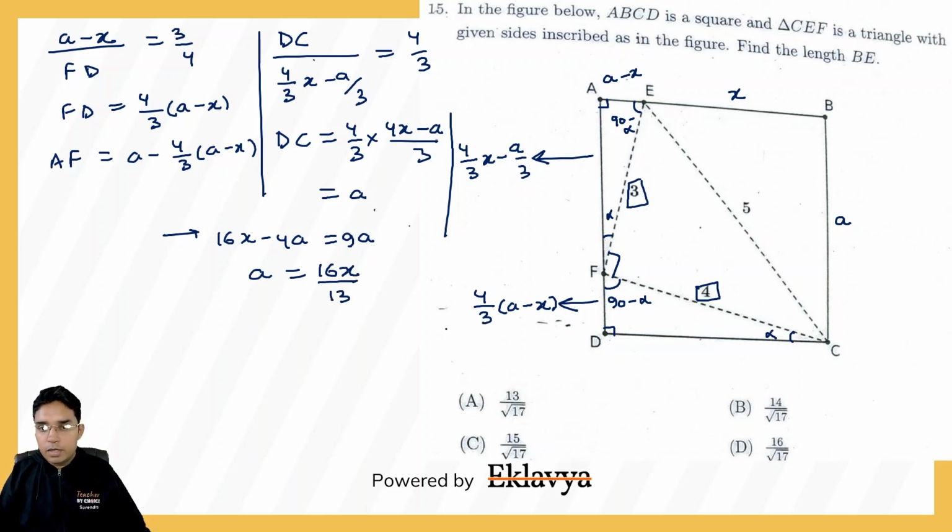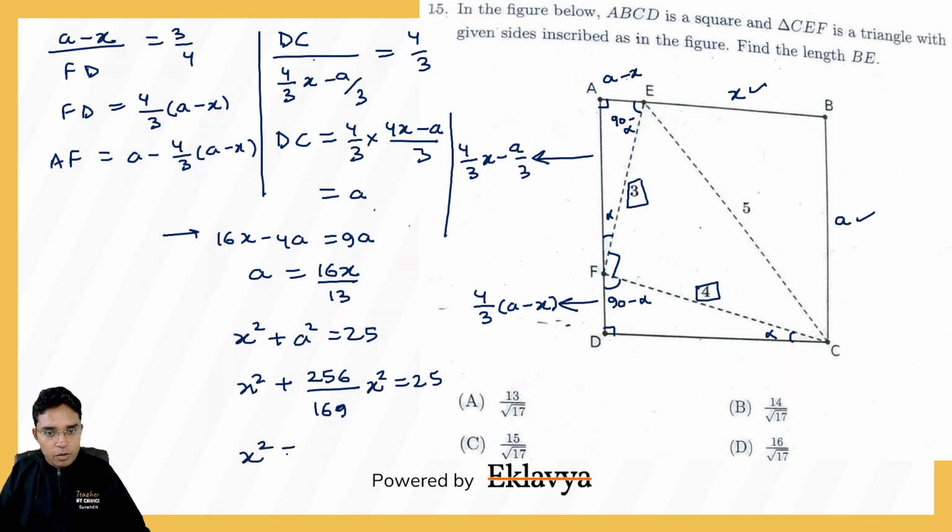Now I think using Pythagoras theorem in triangle EBC, we will be able to find the value of x. x squared plus a squared is equal to 25. So x squared plus 256 upon 169 into x squared is equal to 25.